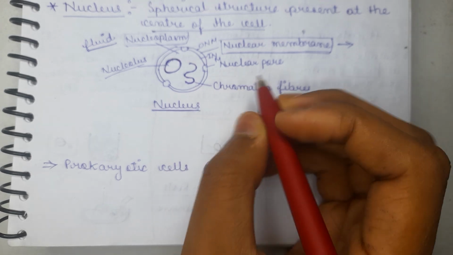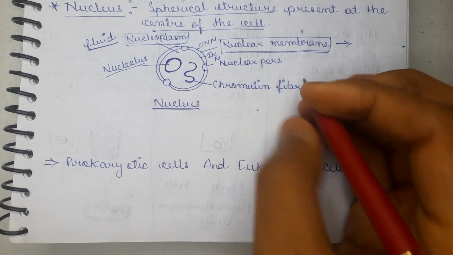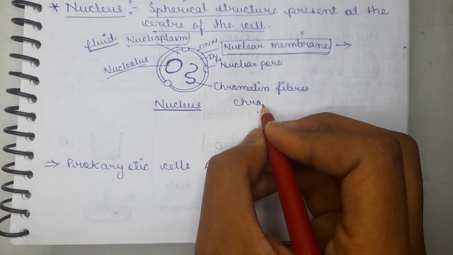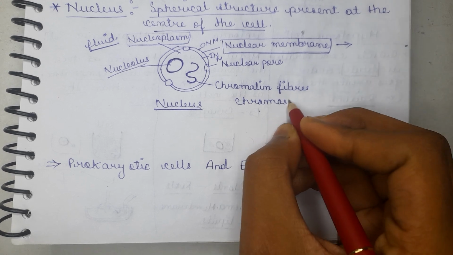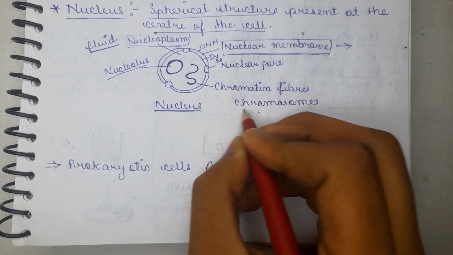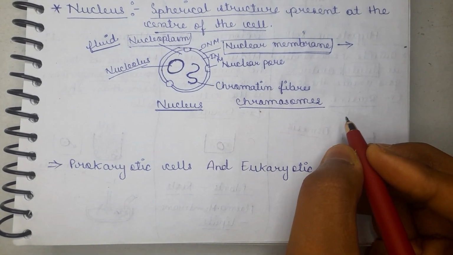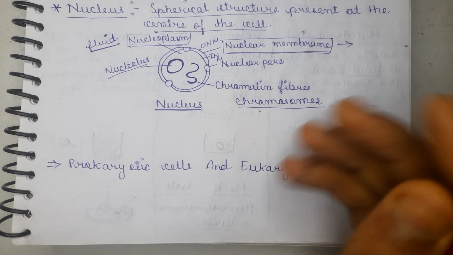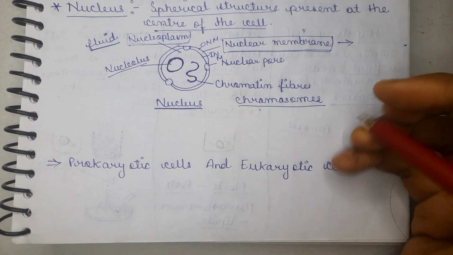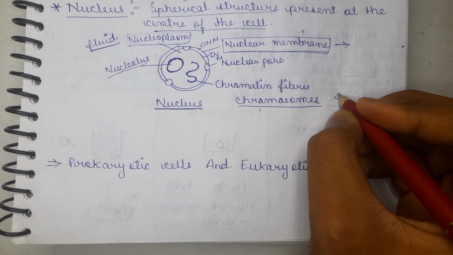First of all, the nucleus consists of some chromosomes. Now the question arises, what do chromosomes mean? Chromosomes are visible rod-like structures which help the cell when cell division occurs.